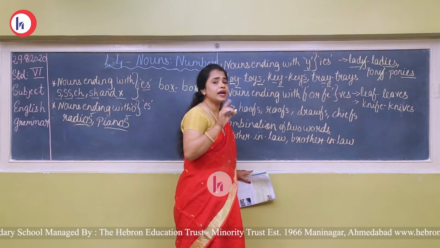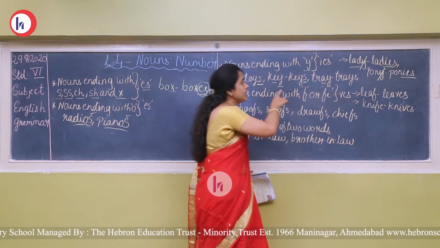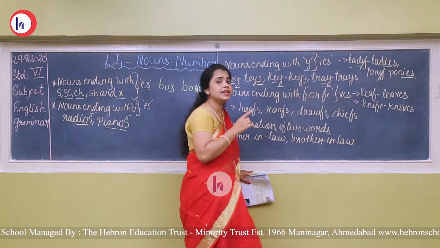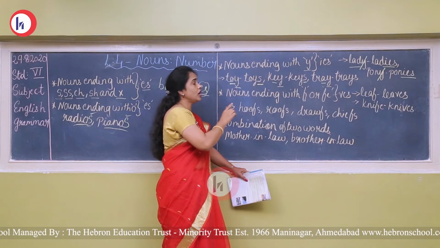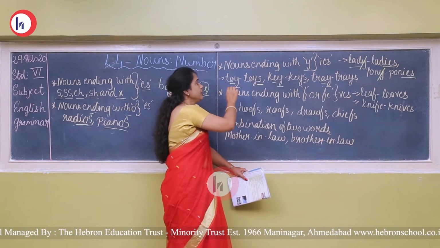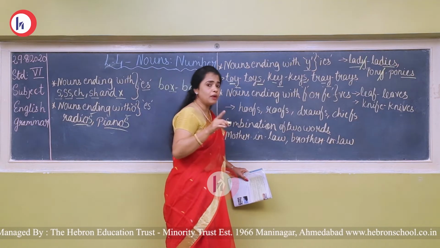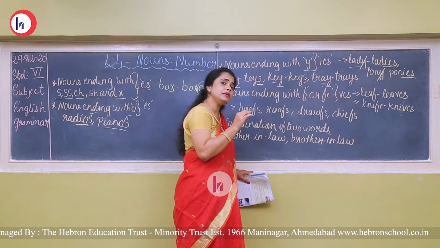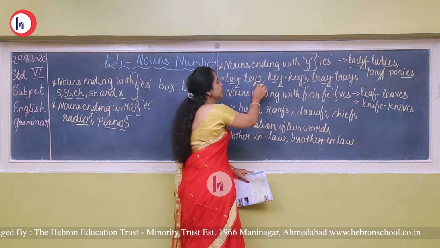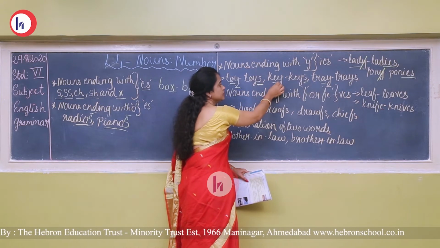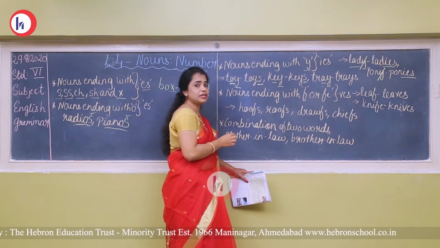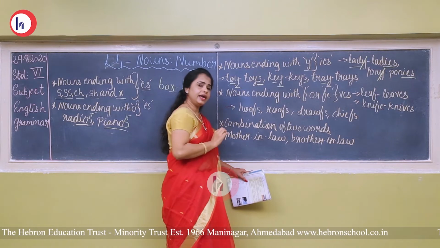Instead of Y, you write IES, that is lady, then you write ladies, that is the plural form. But you have to be very careful: if the noun ending with Y has a vowel preceding it, then you will just put an S. Toys, keys, it has a vowel preceding it, that is E. E is a vowel mentioned over there. So we will just put an S.